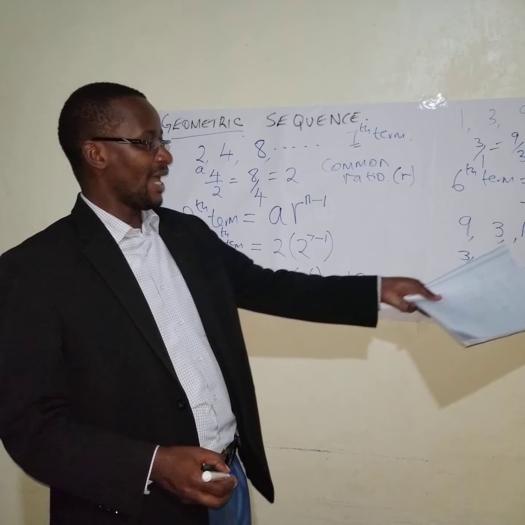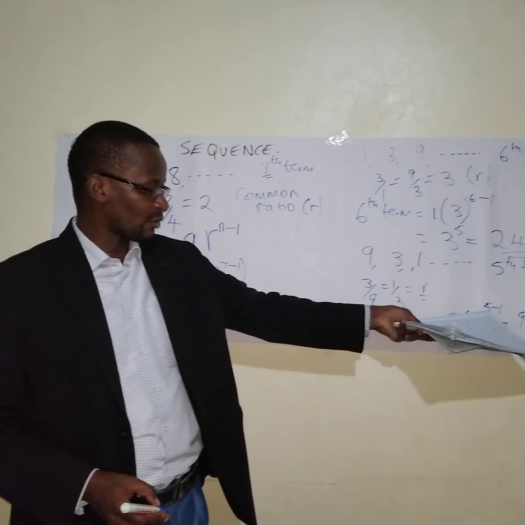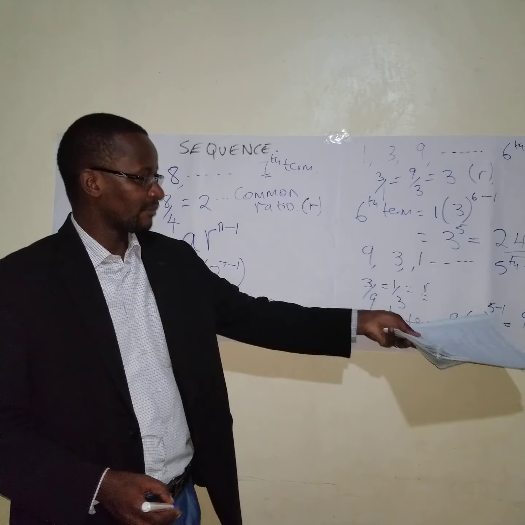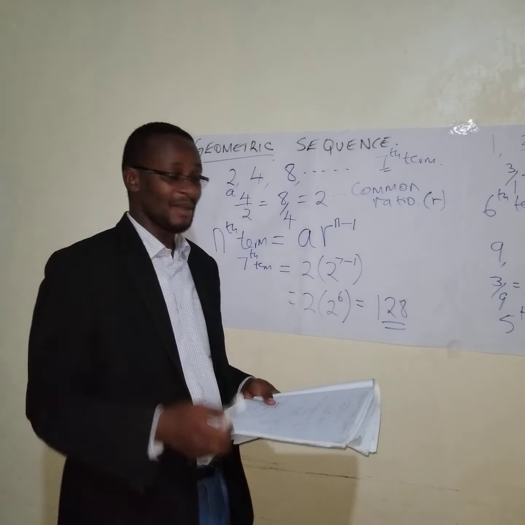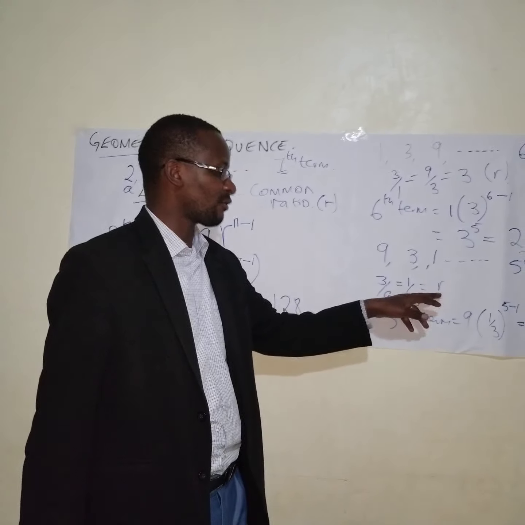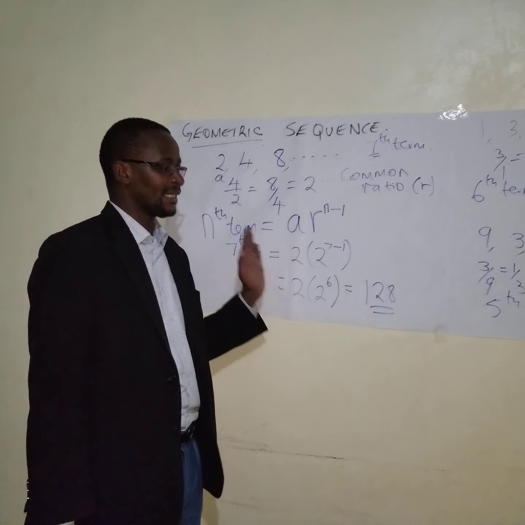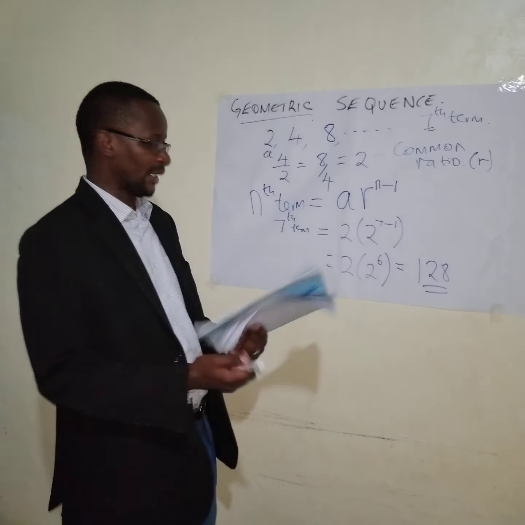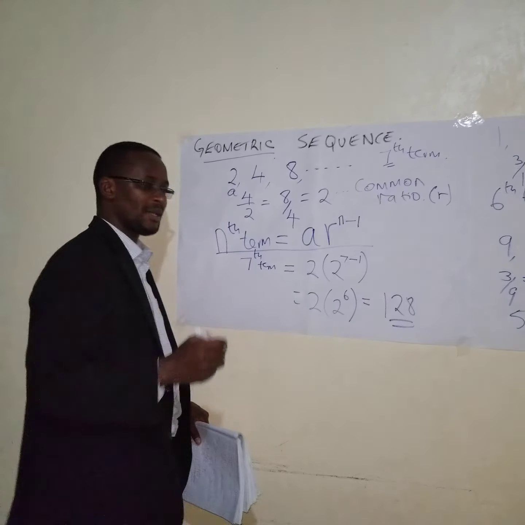So your n, you have to subtract 1 every time as per the formula. But remember, your r does not have to be a whole number. It can be a fraction. And you can manipulate it and get anything that you have been told to get, so long as you remember this formula. Now you have two formulas to remember.